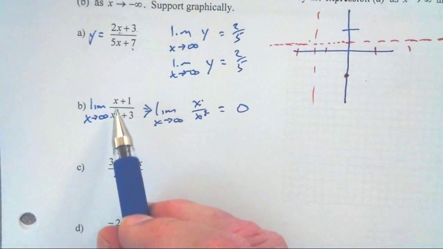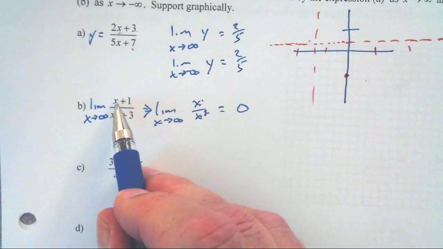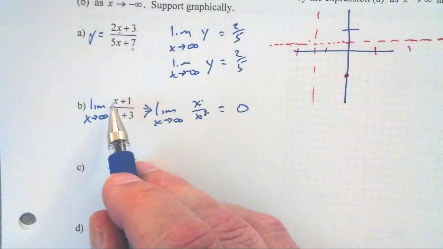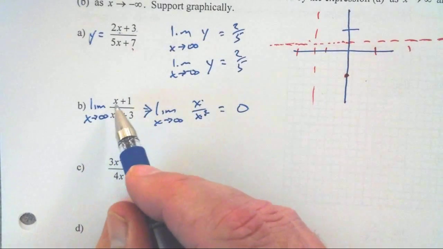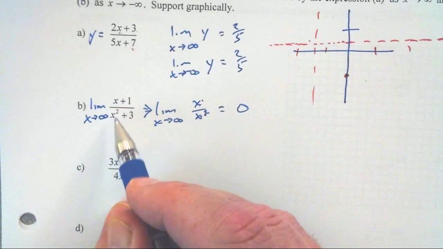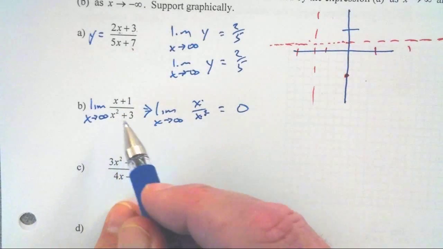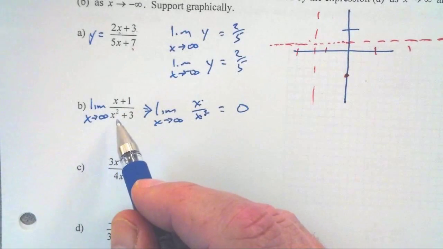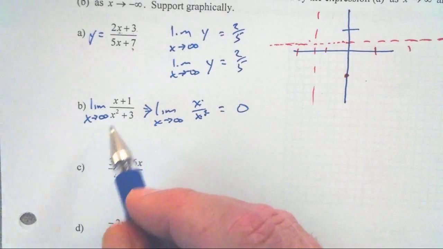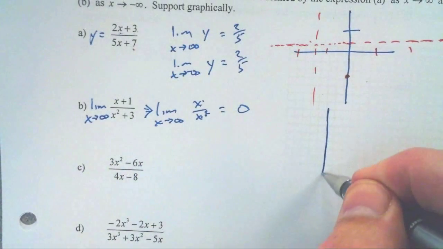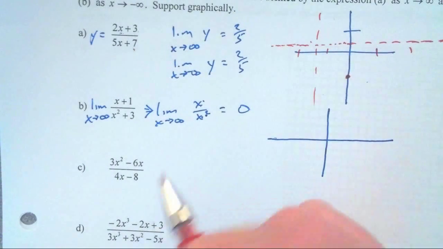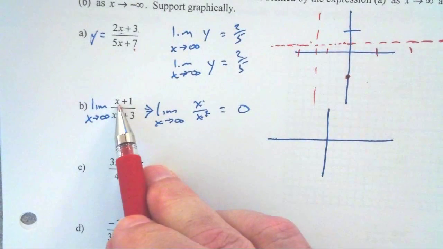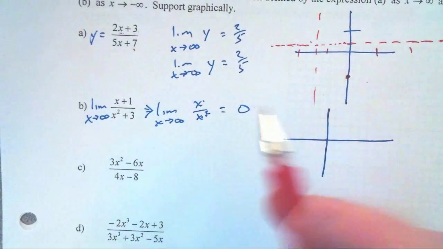How about when we approach negative infinity? Well, negative infinity, it's still going to be negative x on positive x squared, but the x's cancel and I get negative 1 on x. Negative 1 on x is still going to be 0. Here's the only thing we gain from that, talking about the signs. If I was to graph this, and I put in a huge positive, I get positive on positive approaching 0.